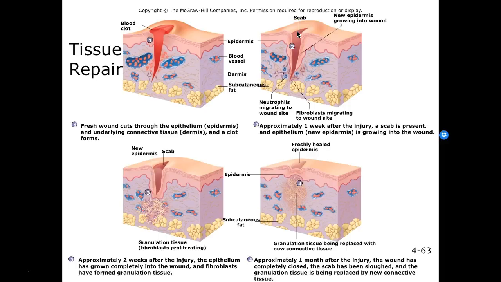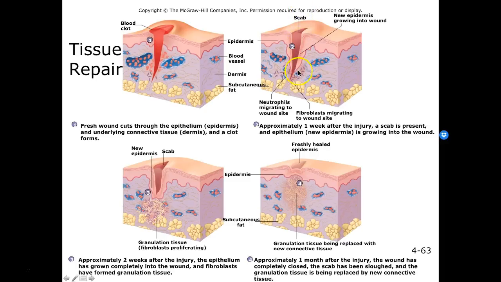The reason our body does this is to prevent infection. So hopefully your neutrophils at this point have destroyed any bacteria that may have entered your skin from the wound itself.